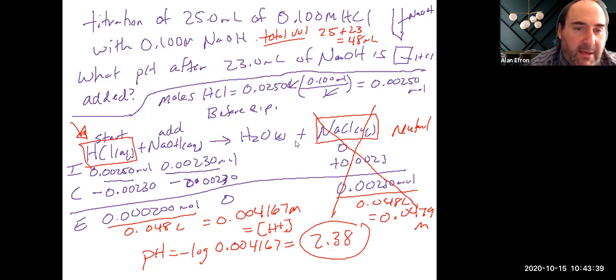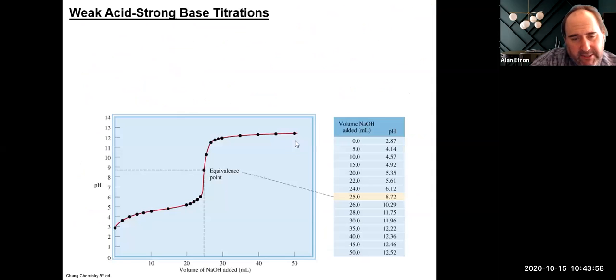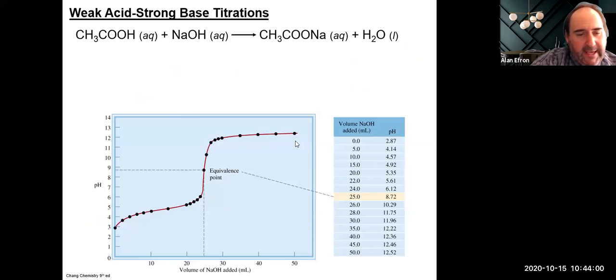A lot of times it's super helpful because it tells you where you should be going before you start, instead of just starting in and getting lost halfway between. Any questions on any strong acid, strong base titration? Okay, then let's talk about the next type of titration, which is a weak acid and a strong base titration.